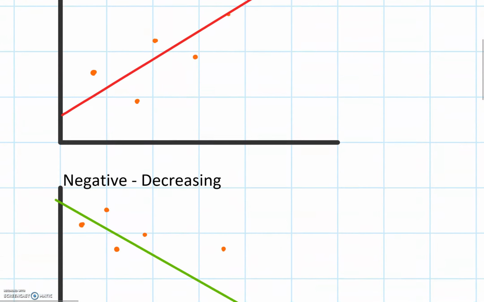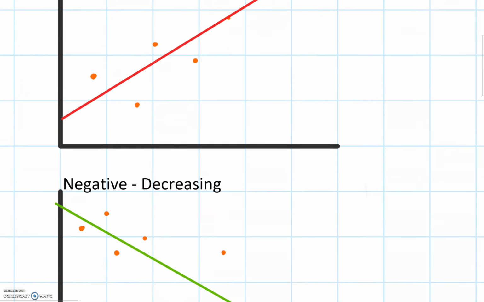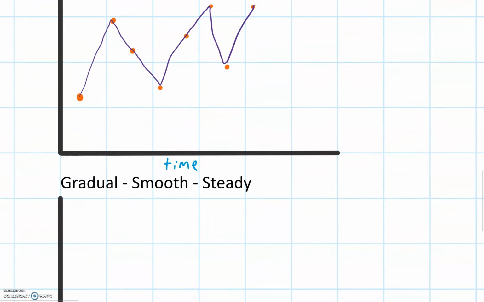Whereas this red one here is more or less up. It's just that maybe we had some error in our numbers. But here it's quite sharp changes.